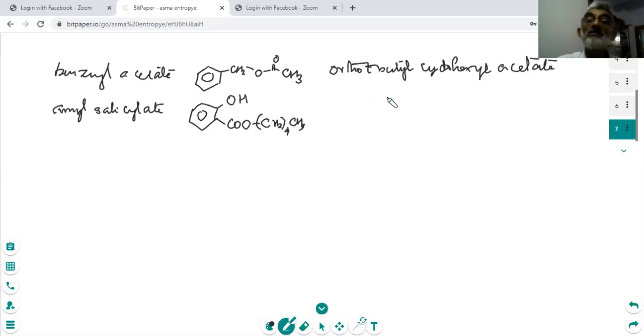And the compound structure. So let us write cyclohexyl acetate. This is a cyclohexyl group, and you have acetate, that means O, C double bond O, CH3.